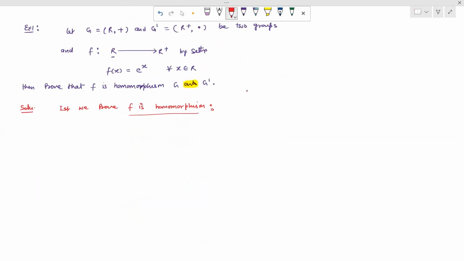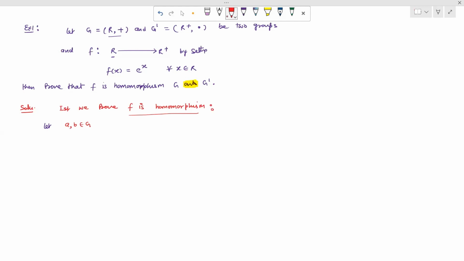Now we take the elements of this G. The group G is the set of real numbers with the operation of addition, so we focus on this operation. Let A and B belong to G, the first group.